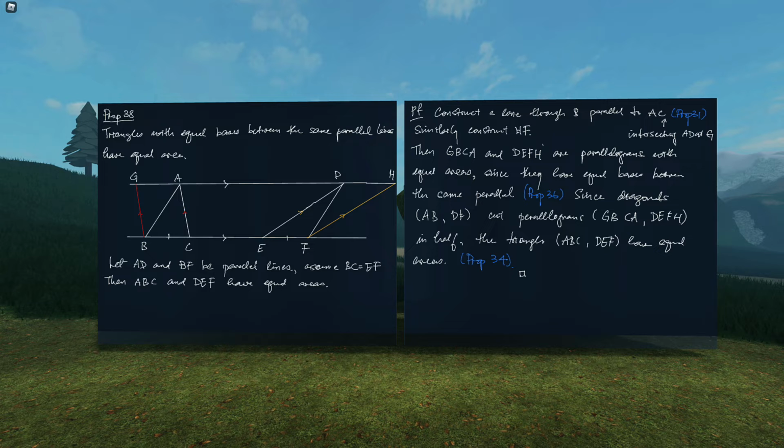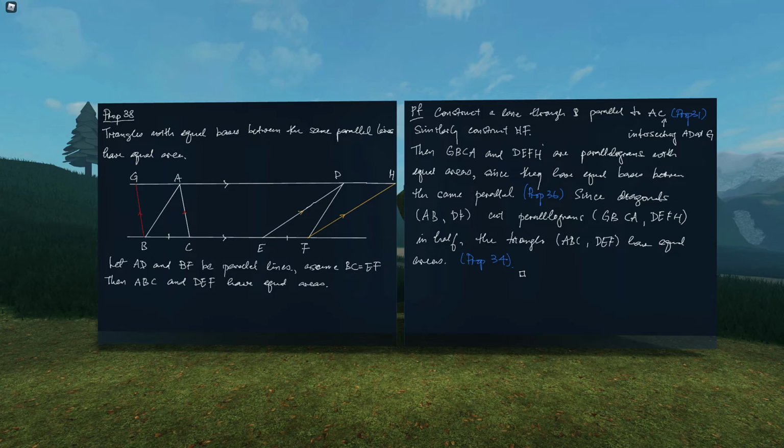If I just gave you 38 to prove, it's not so obvious that you should introduce the parallelograms. It's a neat idea. Plane geometry is like that: if you make the right construction, sometimes you can do cool things, especially if you're not allowed to introduce coordinates and just bash things through.